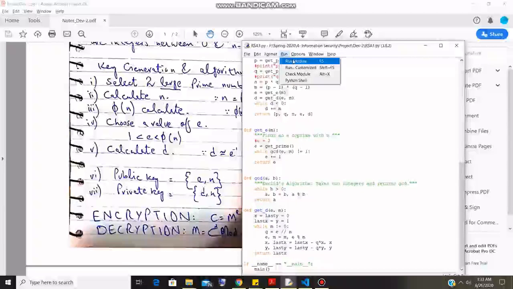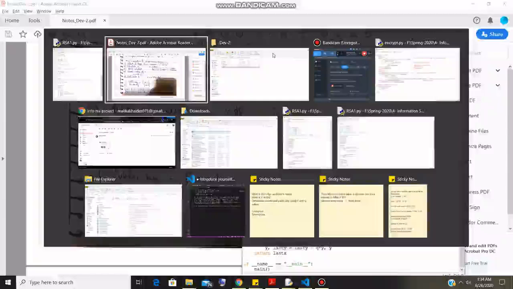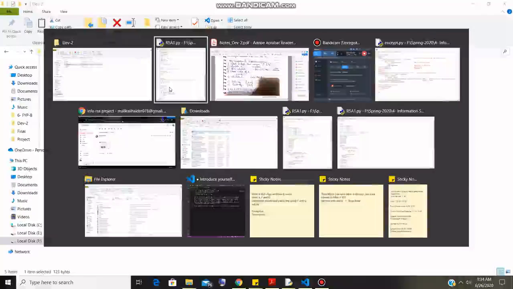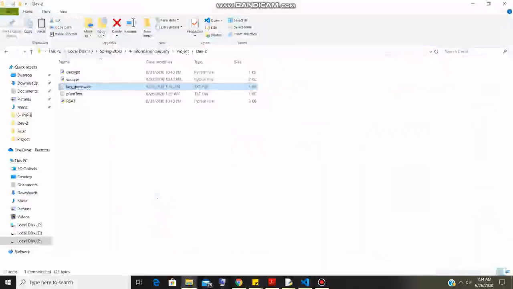Now let's run this file. After running this file, we would go back. So here, as we previously have seen, there were basically 4 files. Now this is the fifth file. It is basically the key generator, which is going to give us our public key and private key.